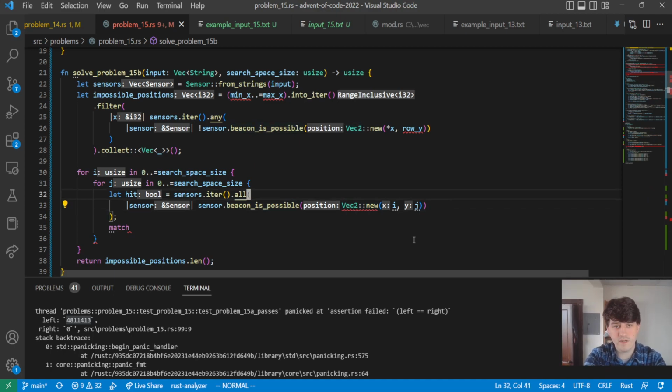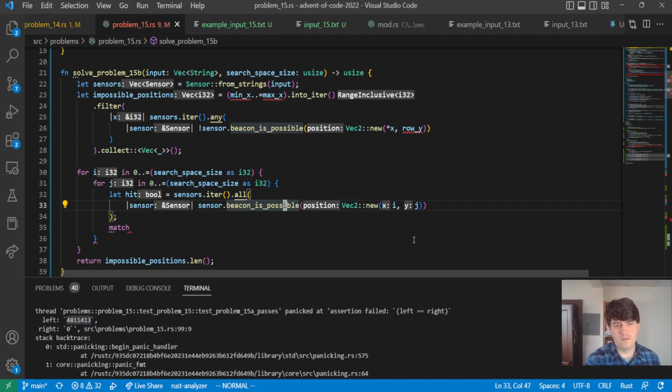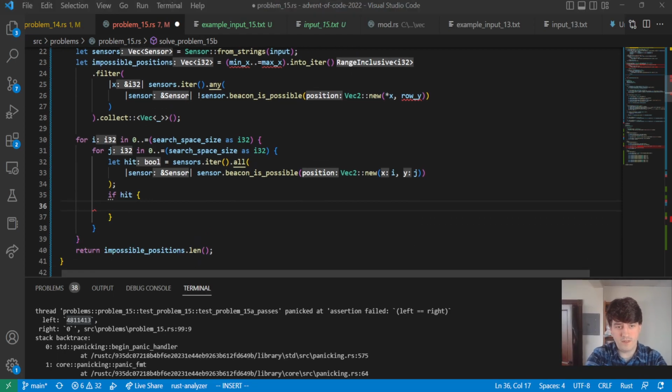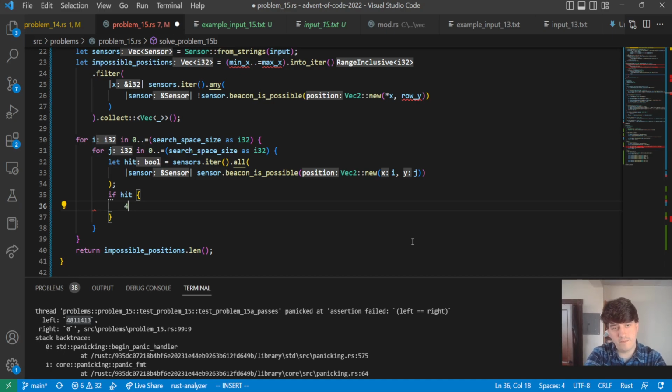Oh, because i and j are usize. Can I just say as i32? Okay, so that should be fast. And then we just say if hit, then we need to calculate the frequency, which is 4 million.